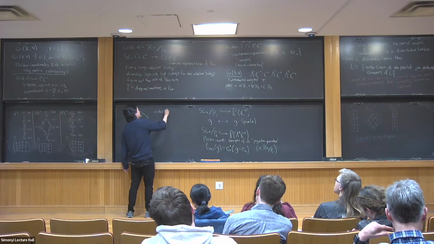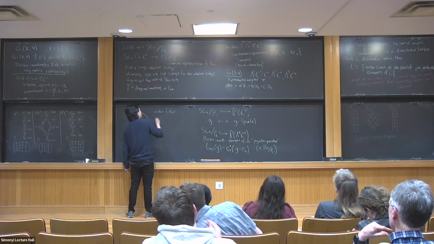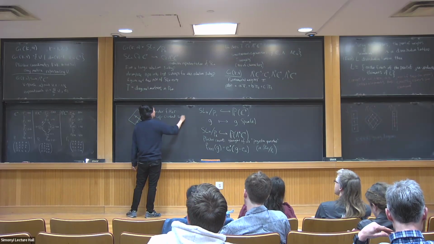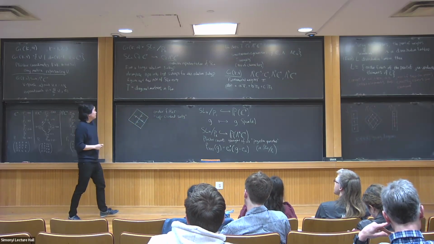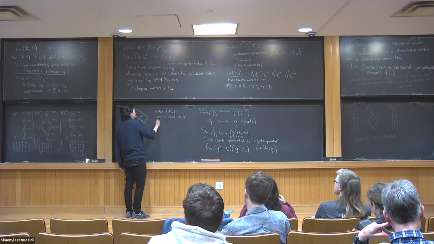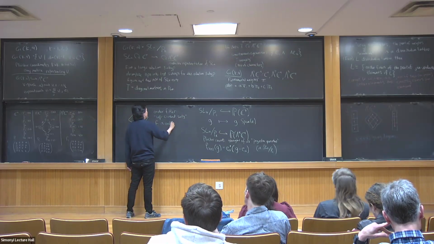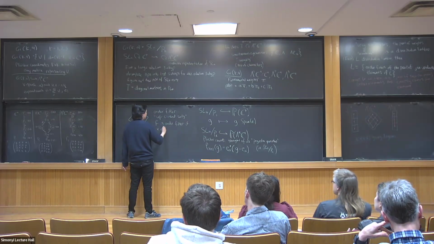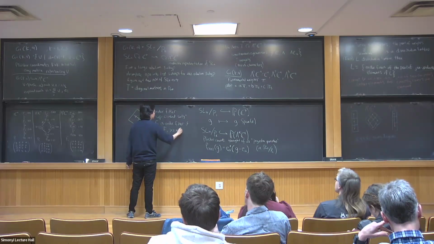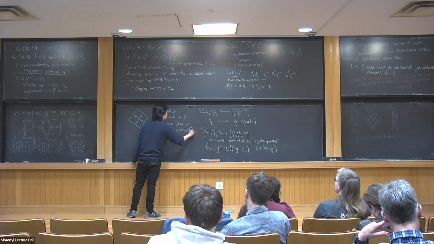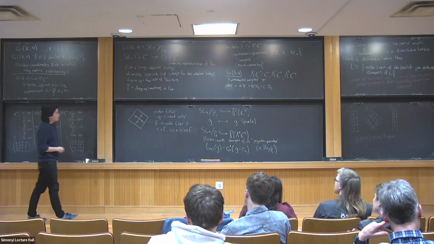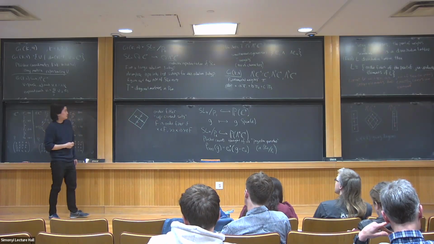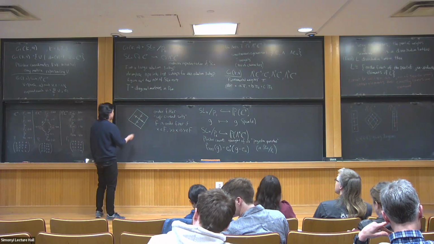Just to define an order filter: a subset F is an order filter if x in F and x less than or equal to y implies y in F. In other words, anytime you go up, you still contain the element. So this thing has 6 order filters.